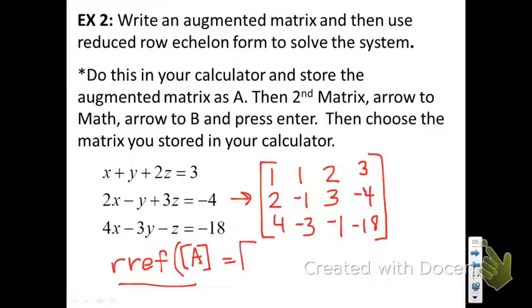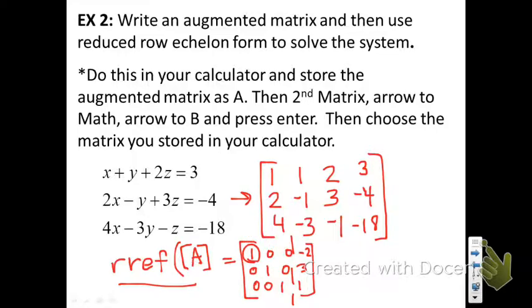So when you press enter, your matrix will look like this: 1, 0, 0, -2. And you'll get 0, 1, 0, 3, and 0, 0, 1, 1. And what this means, if you remember that this first one represents x, y, z, that's how you listed your coefficients.